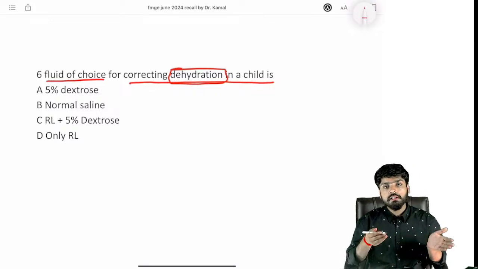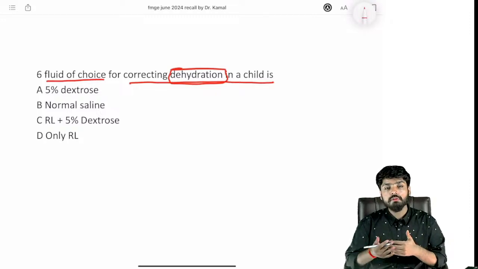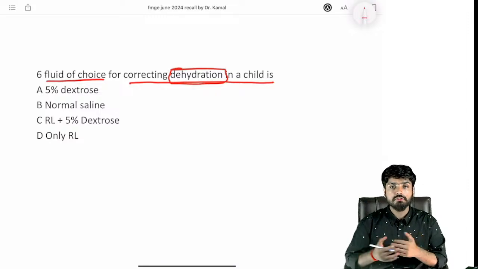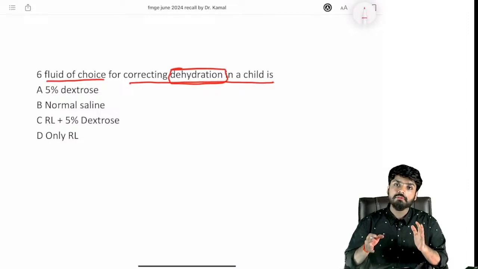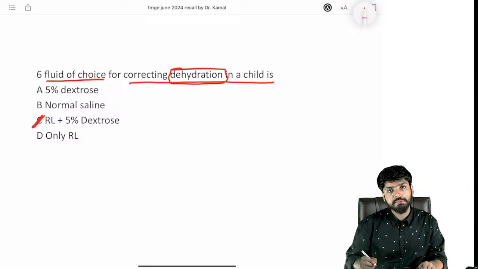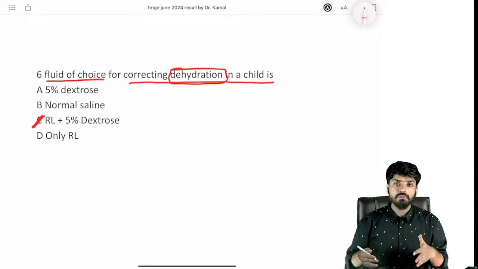Definitely, in comparison to normal saline, Ringer lactate has a high amount of solutes, a high amount of electrolytes, which will be more replenishing for the body. So if a child is suffering from dehydration, go with Ringer lactate plus 5% dextrose. It's the best out of all the options.